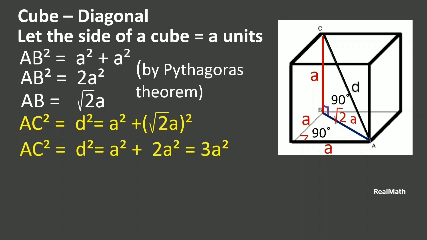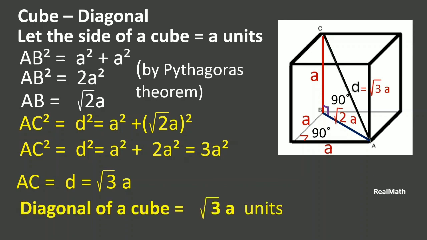Now AC squared is equal to A squared plus 2A squared. When you add A squared plus 2A squared, you get 3A squared. Now removing the squares, AC is equal to diagonal, that is equal to root 3 into A. So diagonal of a cube is equal to root 3 into A units.